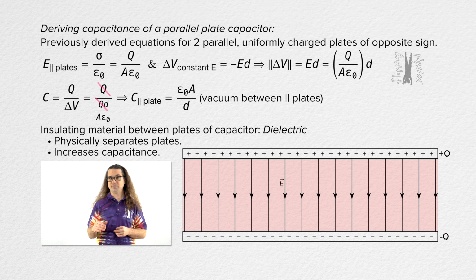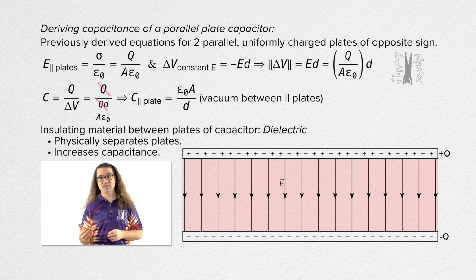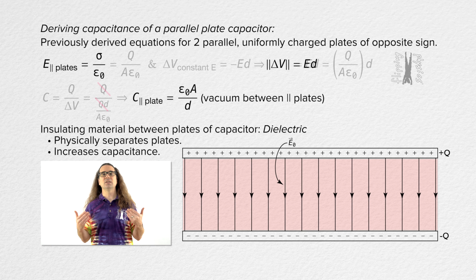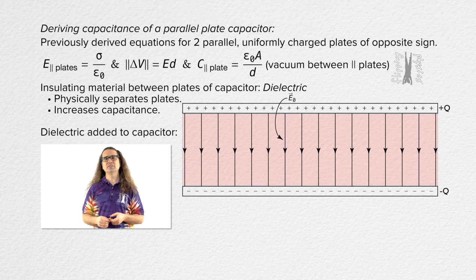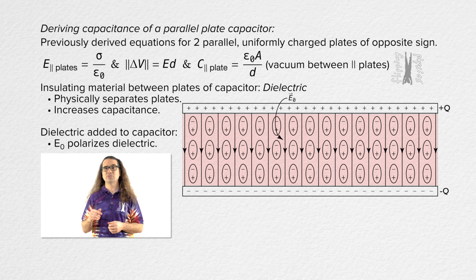The original electric field in the capacitor is in black in the illustration, and I have identified the original electric field as capital E0. When a dielectric is placed in that electric field, the electric field arranges the molecules in the dielectric according to the law of charges.